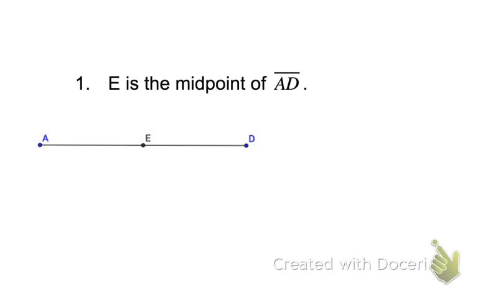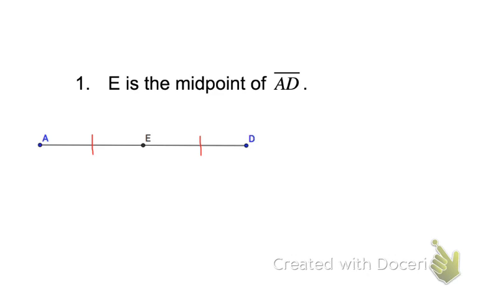Looking at problem number 1, it says E is the midpoint of segment AD. So in order to show that on the diagram, remember we're going to use one tick mark to show that E is in the middle. And if E is in the middle, that means that segment AE is congruent to ED because E cut that segment AD in half.